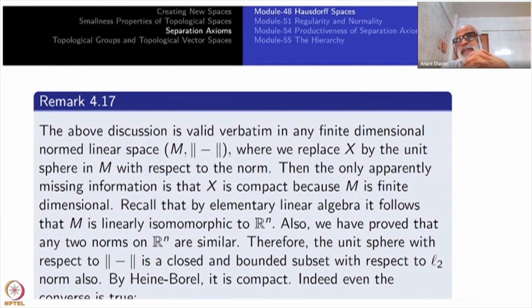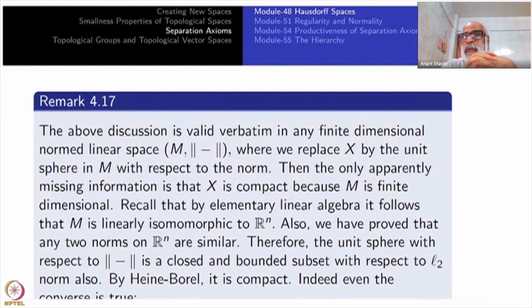If the norm is L2 norm, you will get the standard sphere. If it is L1, what you get? You get a diamond shape. If it's L infinity, you get a square and so on, right? So all these things we have seen. Even if it's any arbitrary norm, not just these Lp, this statement is true is what I am claiming.